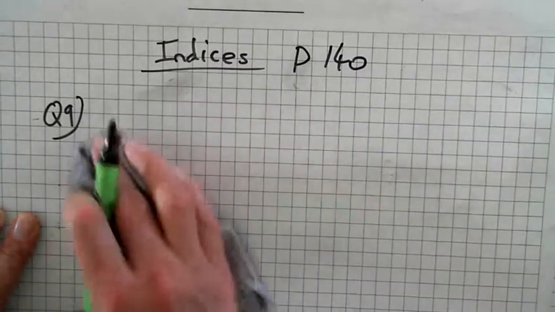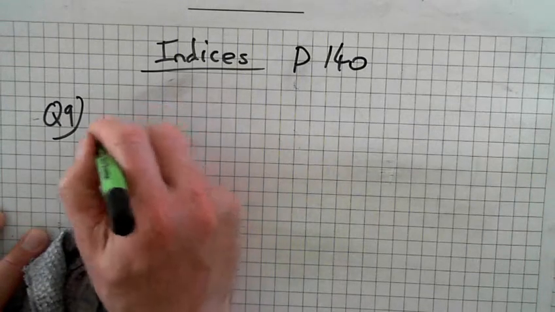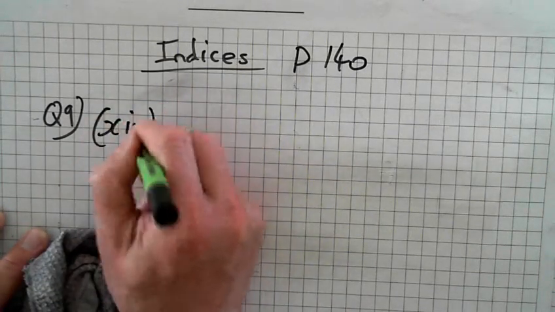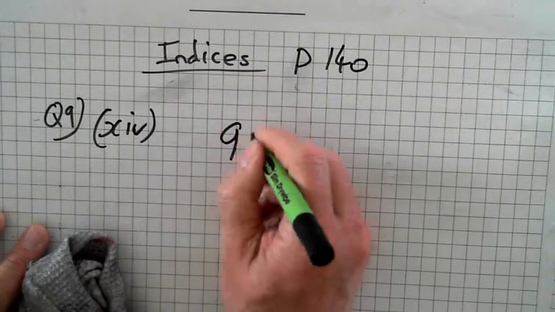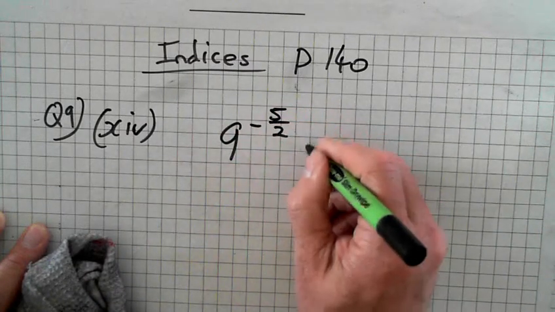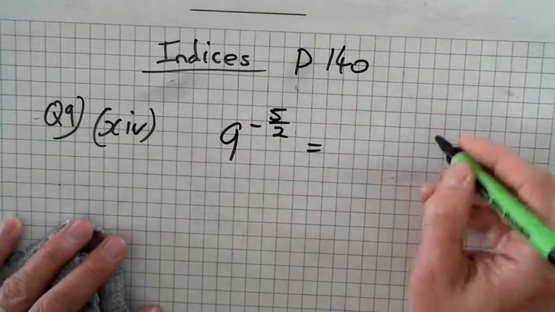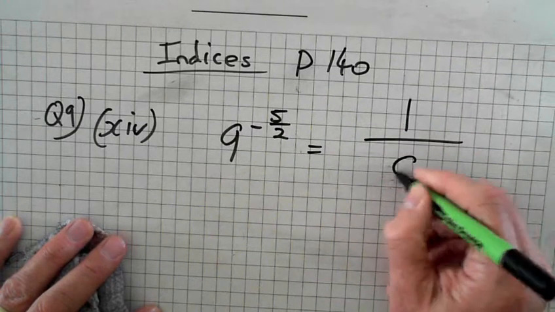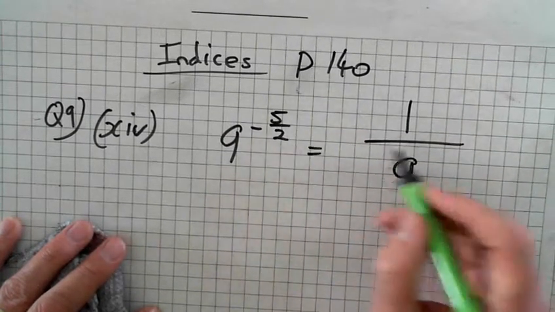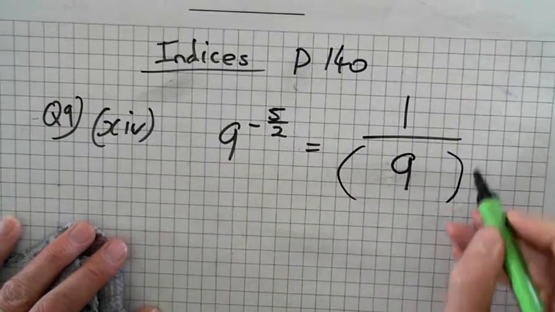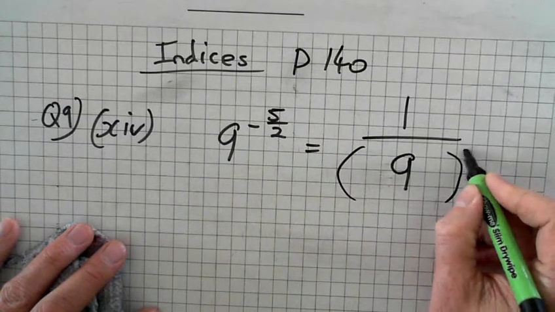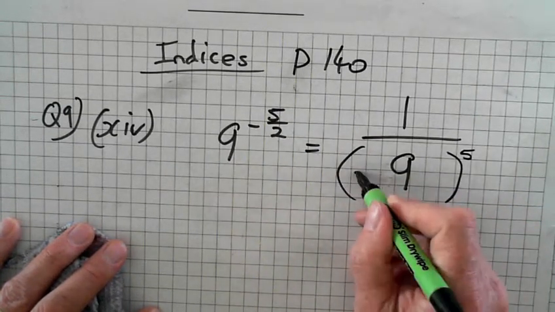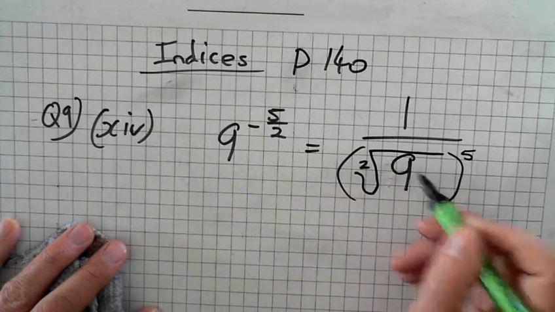And we'll have a look at the last one. Part XIV, so we've got 9 to the minus 5 over 2. First of all, the minus again means 1 over 9. What number is on top, the exponent? 5. And what's the square root? 2.